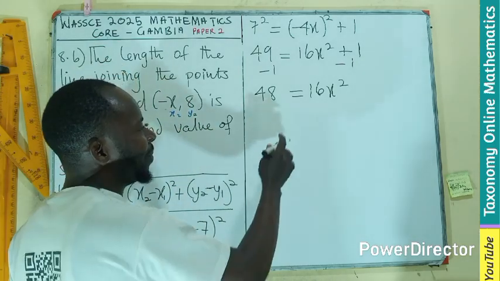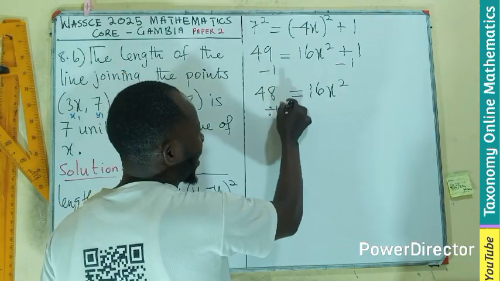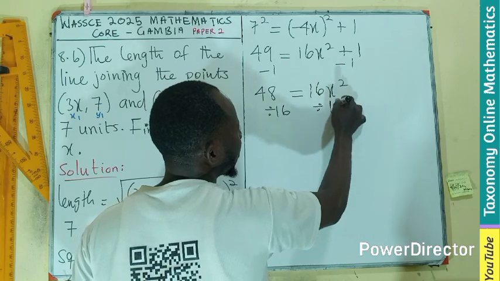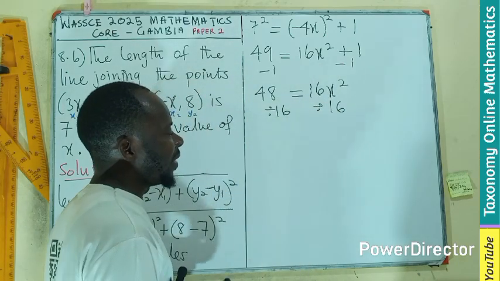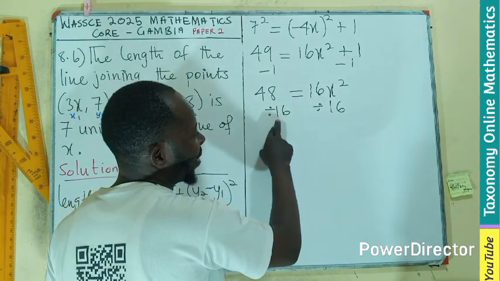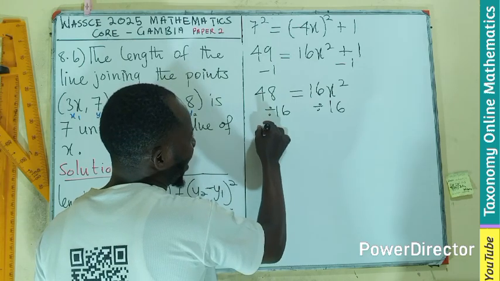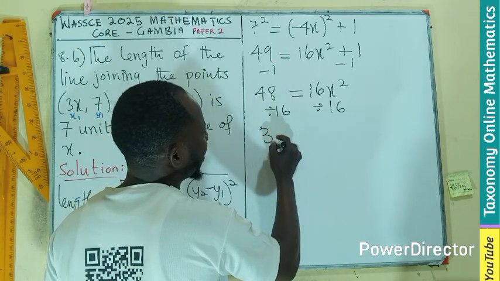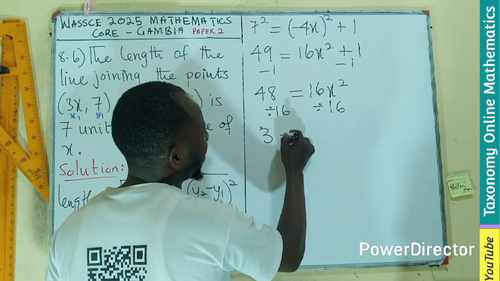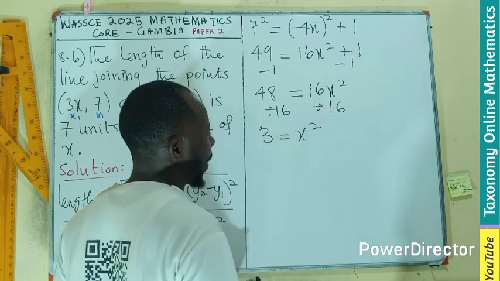Then I need to eliminate this by dividing by 16. If I divide both sides by 16, this will be 3, right? I'll be having 3 equals x squared.